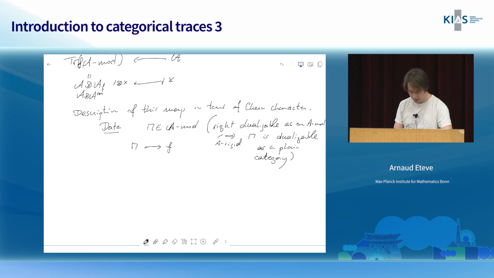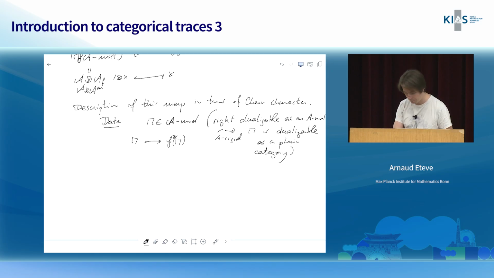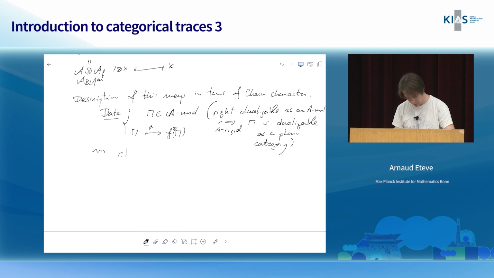Okay, and I need to give myself a morphism from M to F upper star of M. Let's call this alpha. That data defines you a class of M comma alpha in the big trace of F on A-mod.